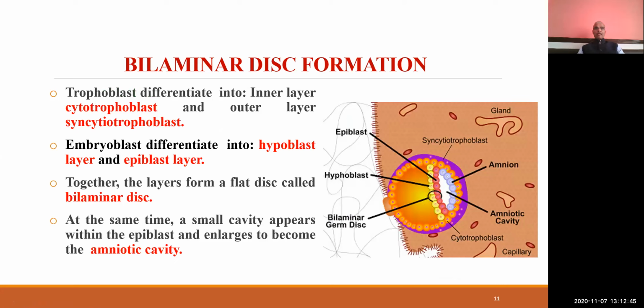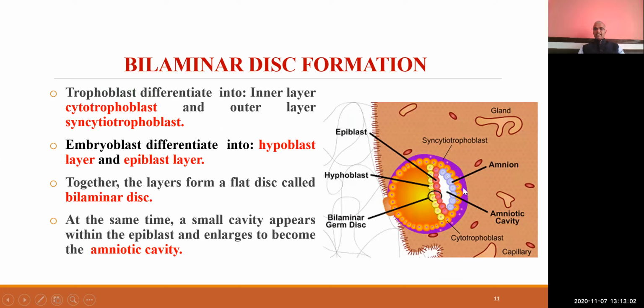Then comes formation of the bilaminar disc. First, the trophoblast differentiates into an inner and outer layer.